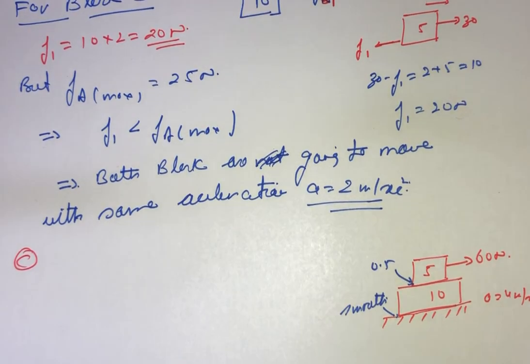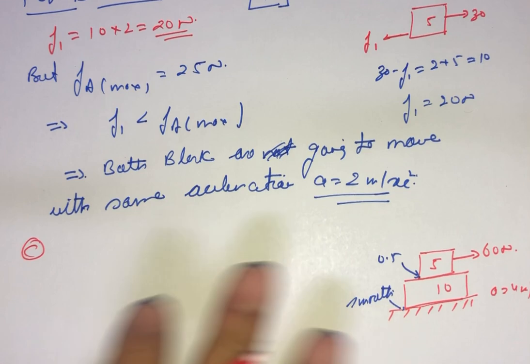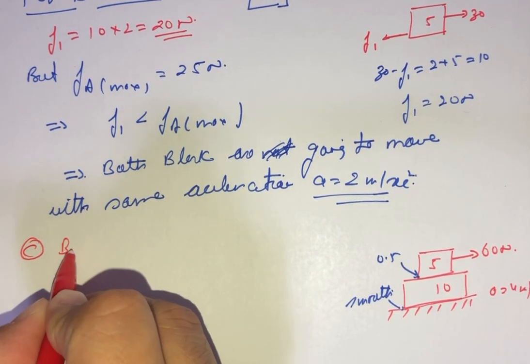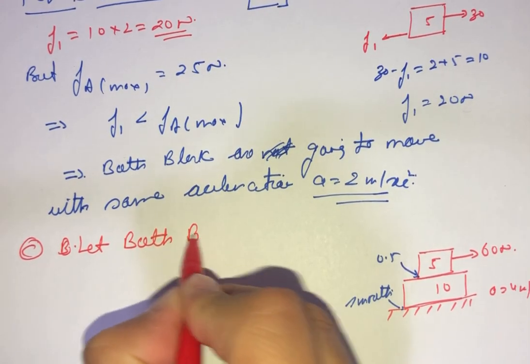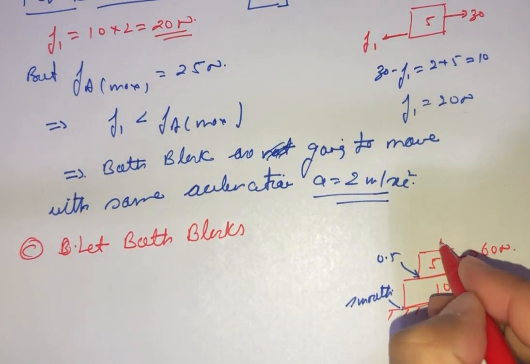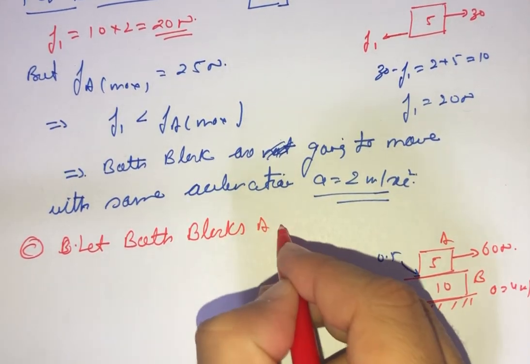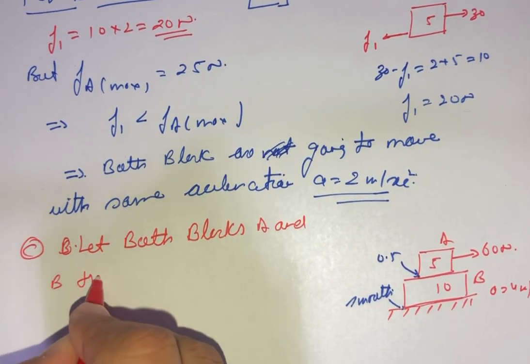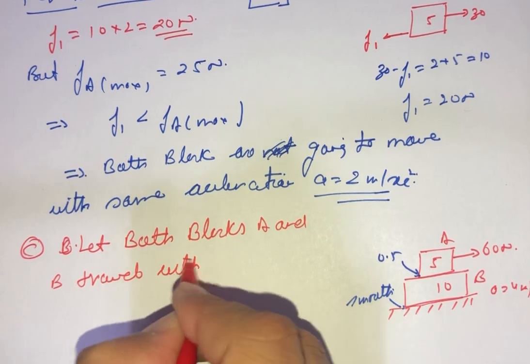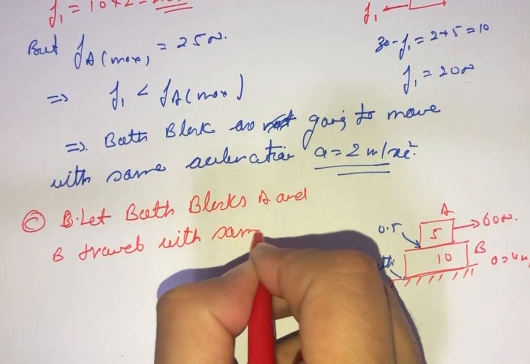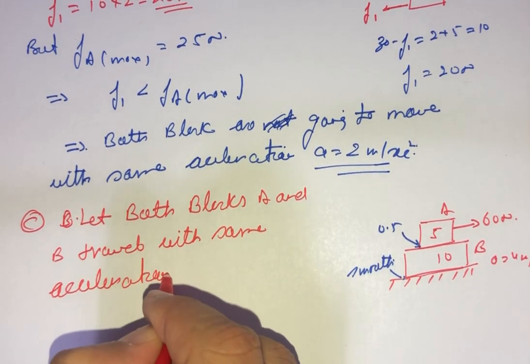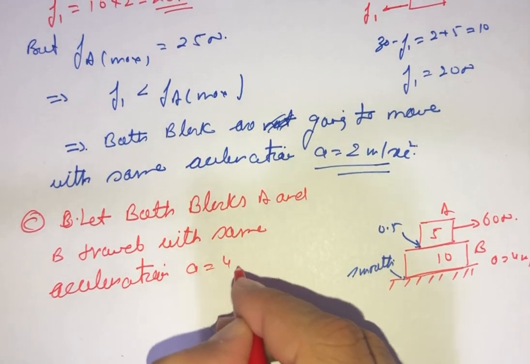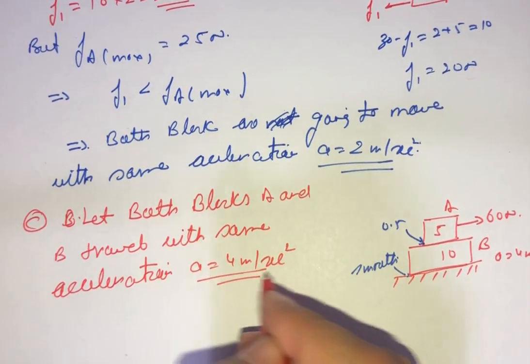In this case also we are going to assume that both blocks, that is A and B, travel with the same acceleration, in which case it is given as A is equal to 4 meter per second square.